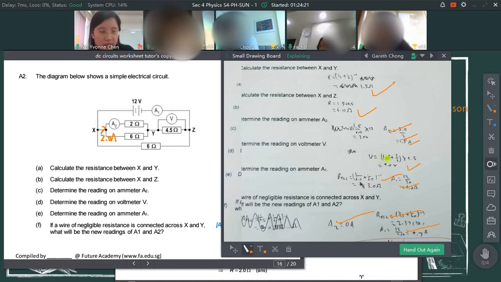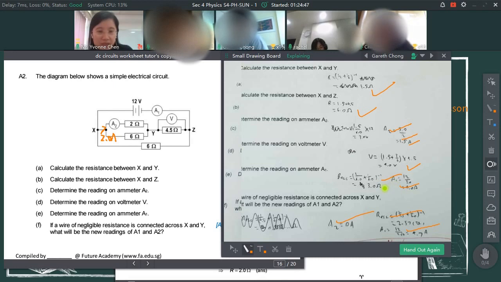Okay, you can just see the highlighter part. This is total, the laser pointer. So this is the total current flowing to the 4.5 ohm resistor. Then times the resistance, that gives you the voltage. Okay, very clear approach.